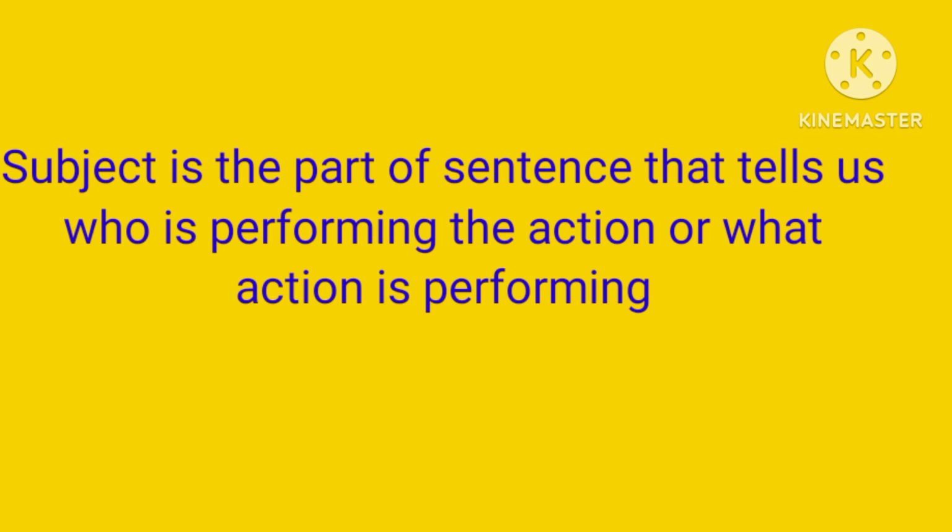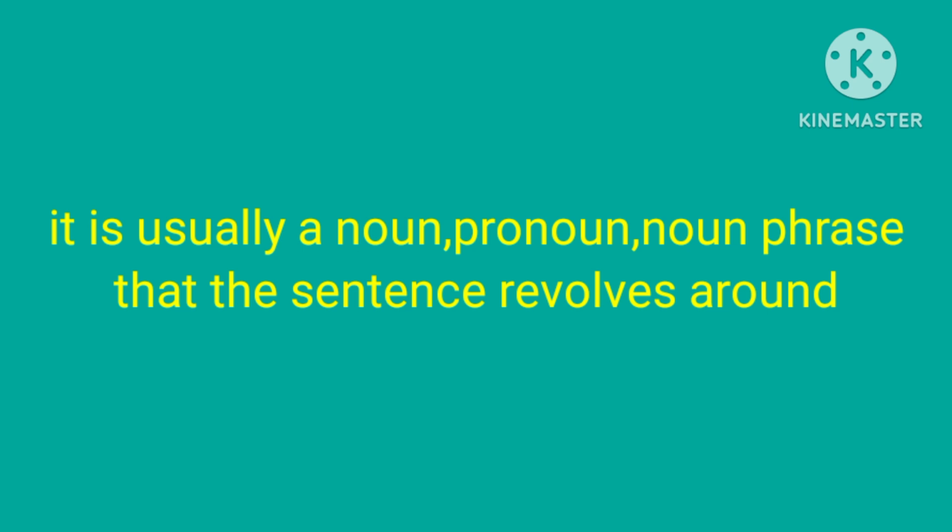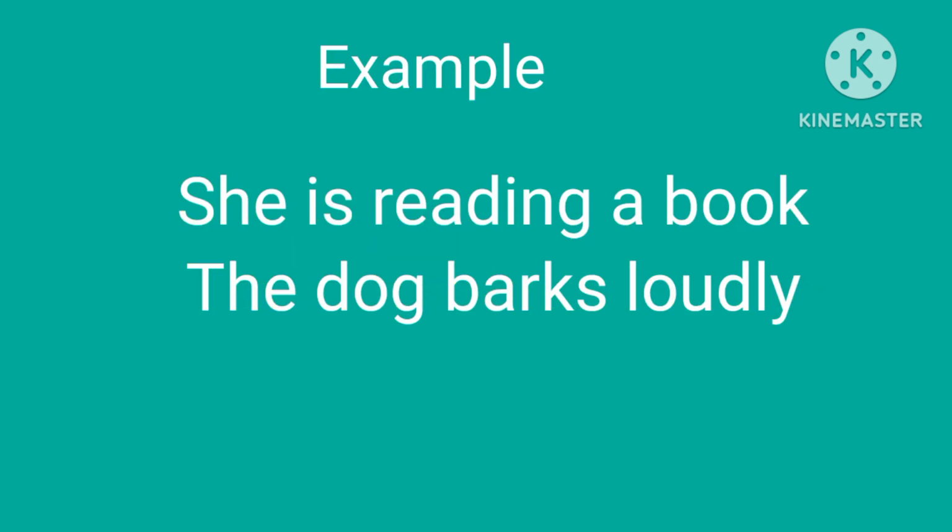It is usually a noun, pronoun, or noun phrase that the sentence revolves around. Example, she is reading a book. The dog barks loudly. John and Sarah are good friends.